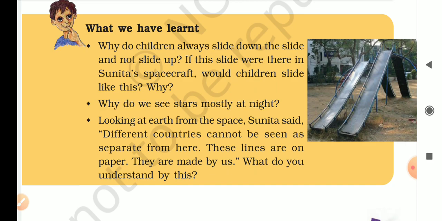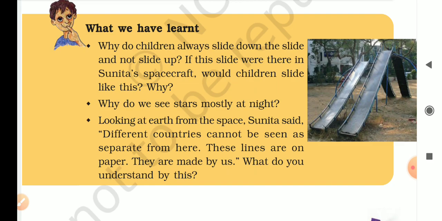Looking at Earth from space, Sunita said, different countries cannot be seen as separate from here. These lines are on paper, they are made by us. What do you understand by this? The main topic in today's video is that the actual Earth, when we look at it from a spaceship, as we discussed in the experience of Sunita Williams, does not have the lines which are there on the globe.